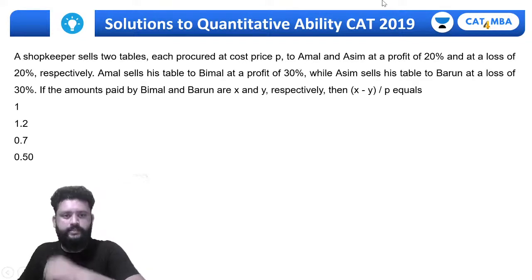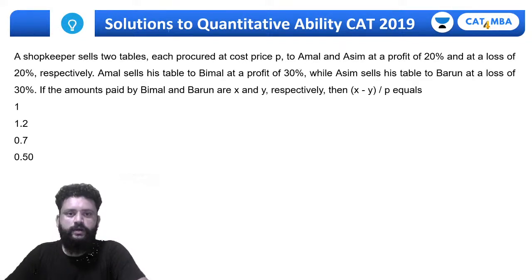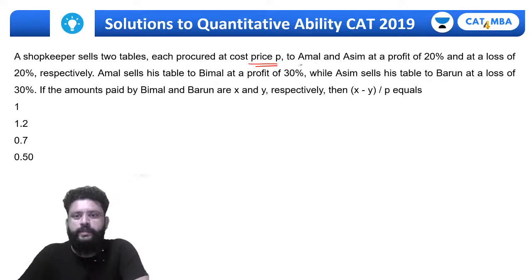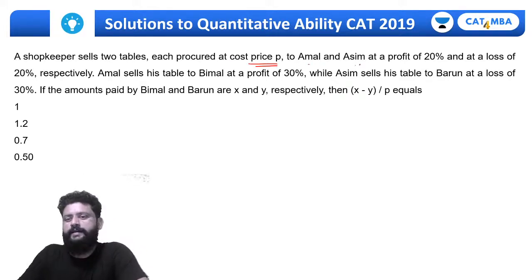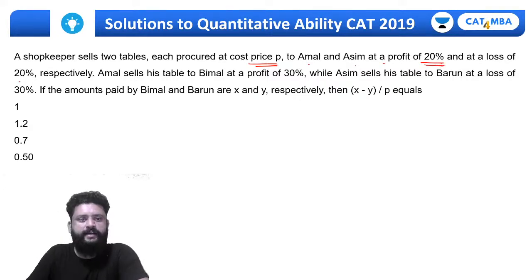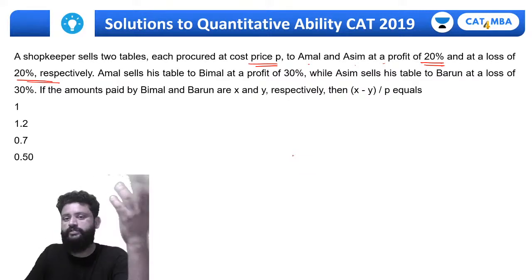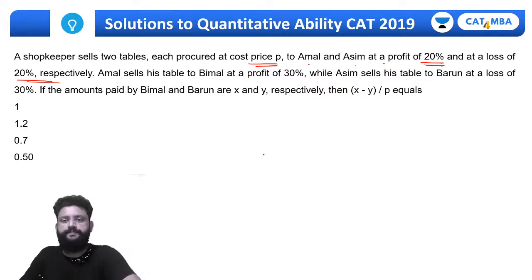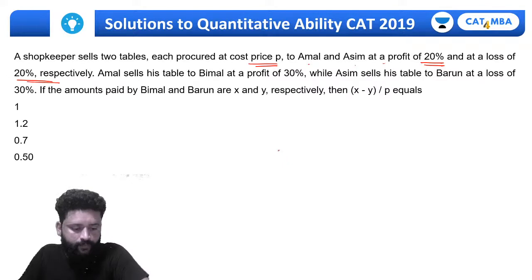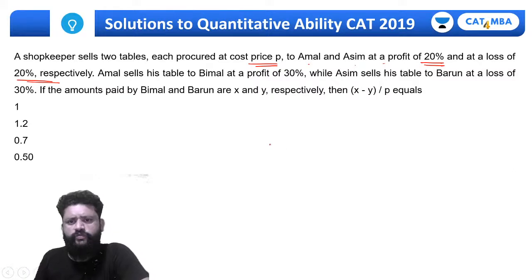A shopkeeper sells 2 tables, each procured at cost rupees P, to Amal and Asim, one at a loss of 20% and one at a profit of 20%. So as such there is no value here.